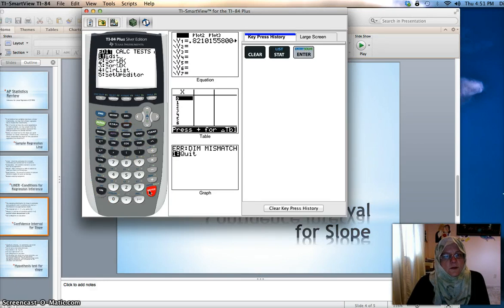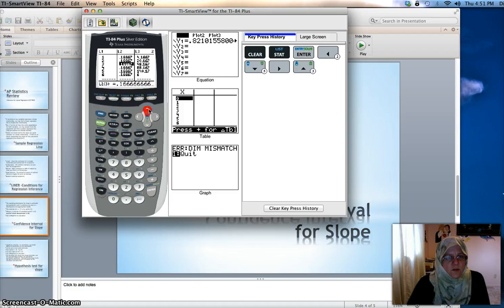Stat, edit. Let's see what I have in my list here. 1, 2, 3, 4, 5, 6. I don't know if I want to use the same data. This is a little boring, so I'll put something else in here. Make up some other numbers.